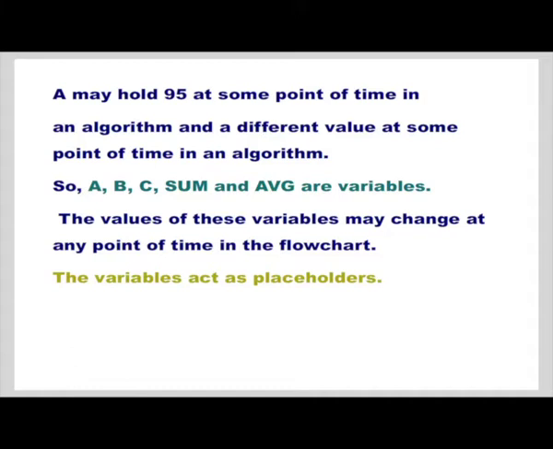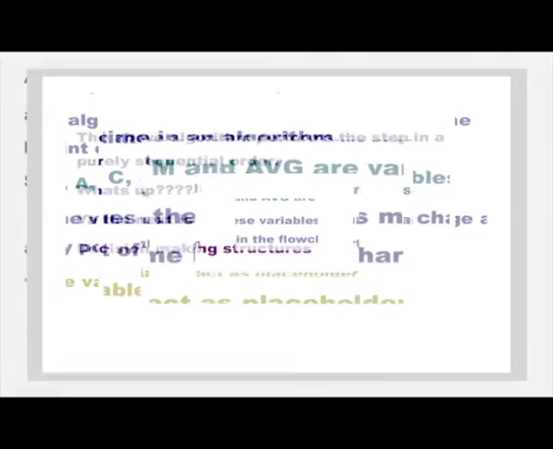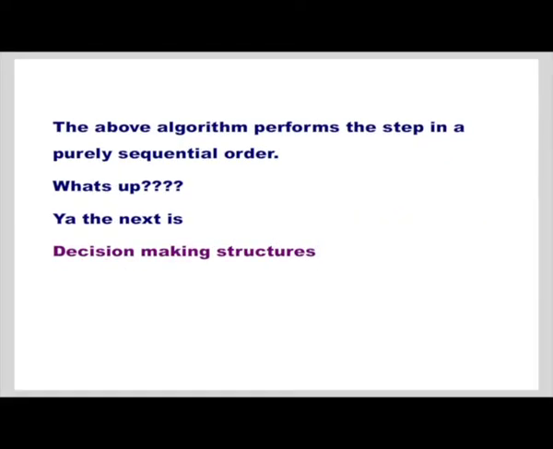So, A, B, C, sum and avg are variables. The values of these variables may change at any point of time in the algorithm. The variables act as placeholders. The above algorithm performs the steps in a purely sequential order.